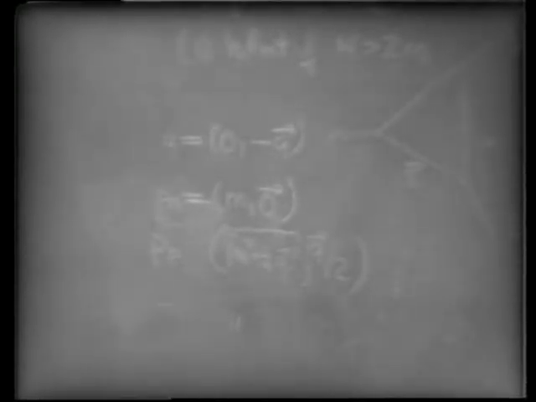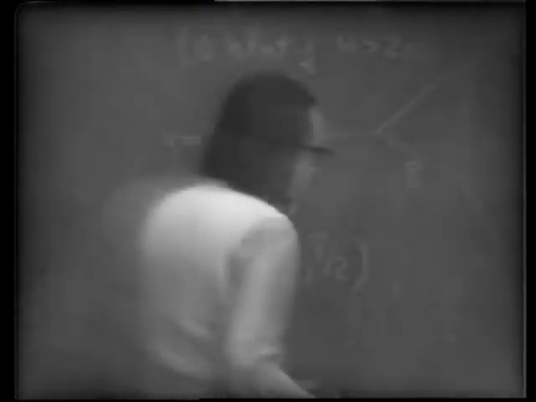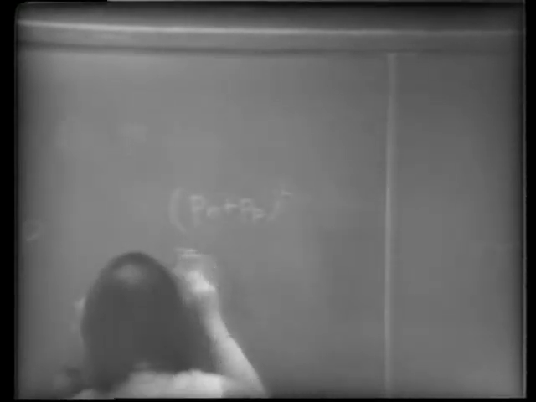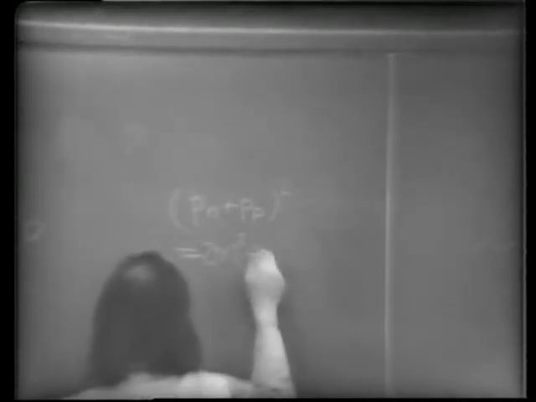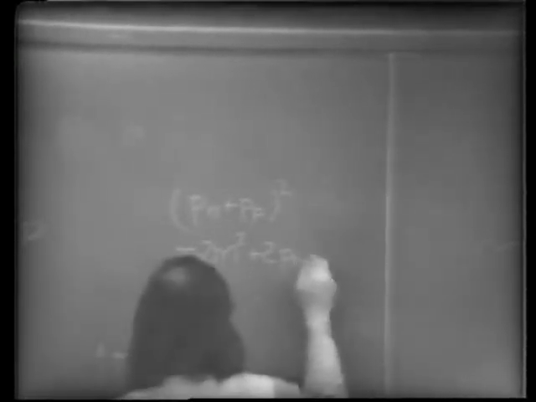Now the two four-momenta must sum up to make the four-momentum of the Deuteron. How did I compute that? Here we've got it. pn plus pp, squared, equals 2m squared plus 2 pn dot pp.